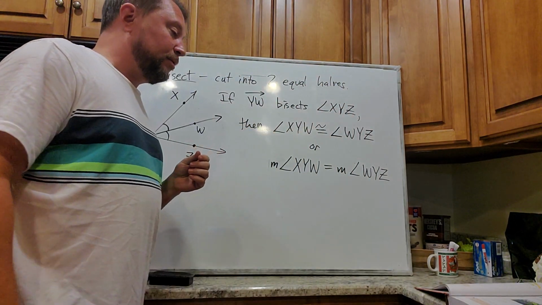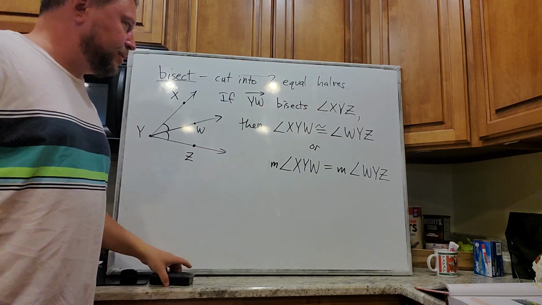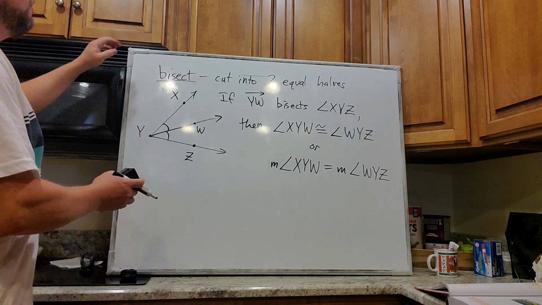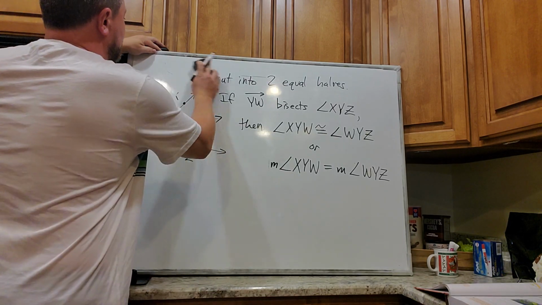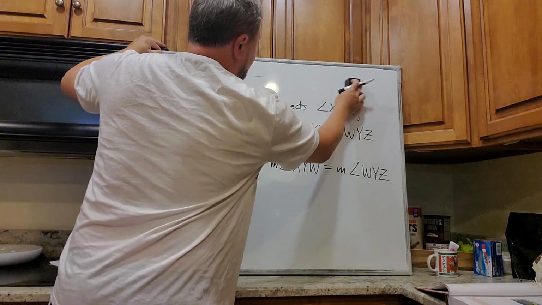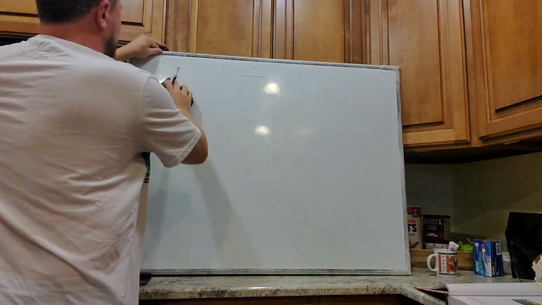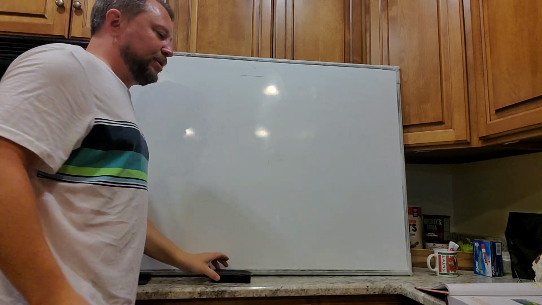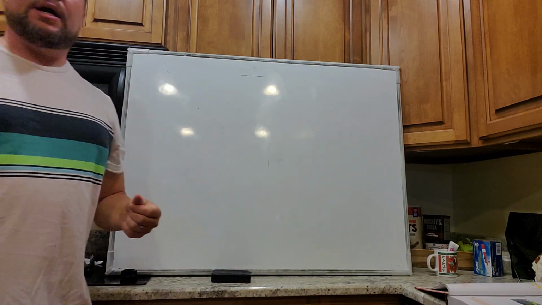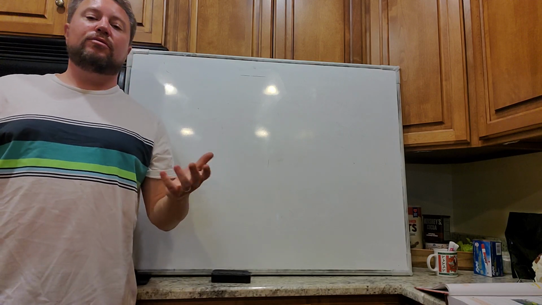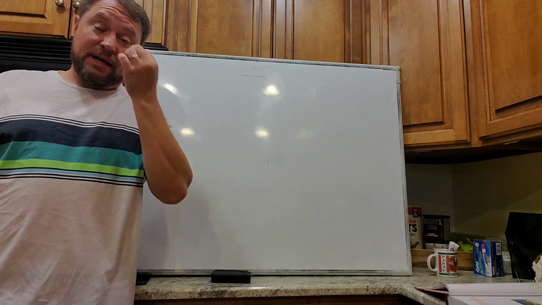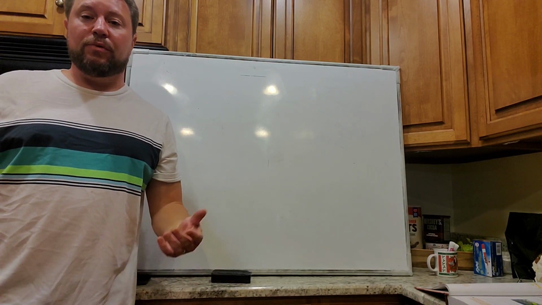While we're going over all the technical terms you're going to need to know for this section, the next thing I want to talk about, rather than bisecting, is another angle relationship that occurs here. Sometimes when we have a pair of angles that add up to a certain amount, we have a term we use for it.